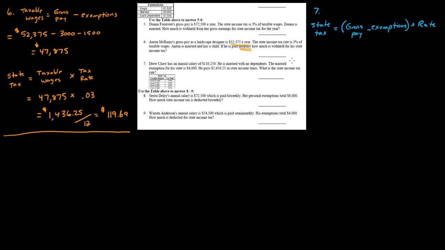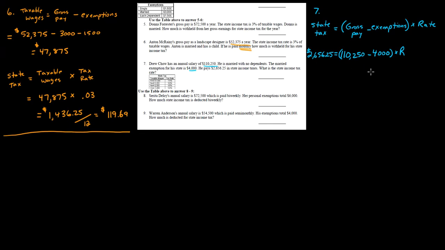In this problem, what we know by reading it is that the salary, or gross pay, is $110,250. We know that the exemptions are 4,000. So we're just plugging in the things we know. And we know that he paid $2,656.25 in taxes. The only thing we don't know is the R, so that is the missing thing we're going to be finding.